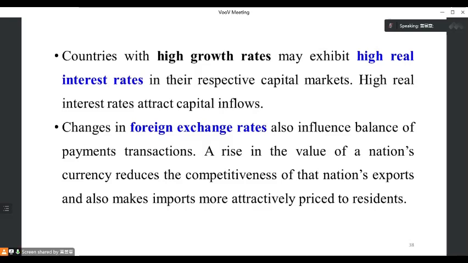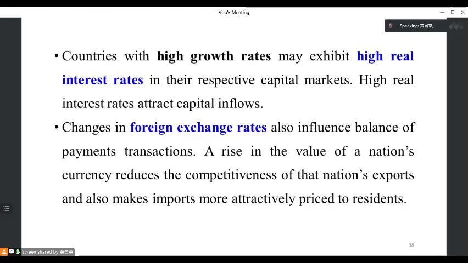Change in foreign exchange rate also influences the balance of payments transactions. A rise in the value of a nation's currency reduces the competitiveness of the nation's exports, and also makes imports more attractively priced to residents.